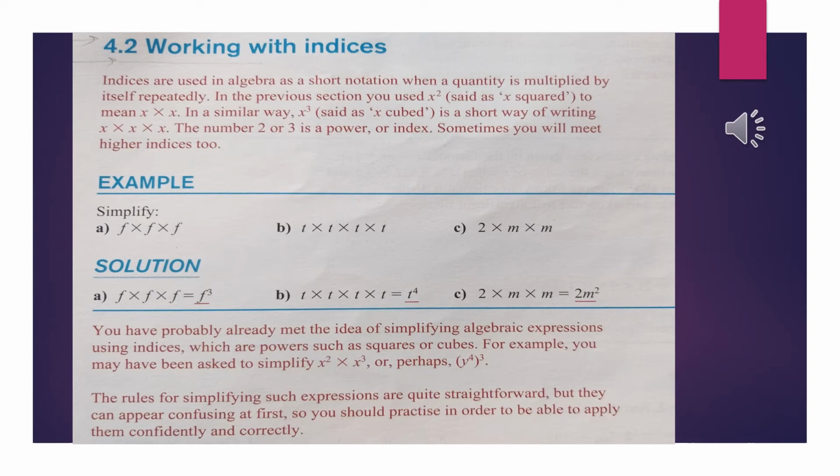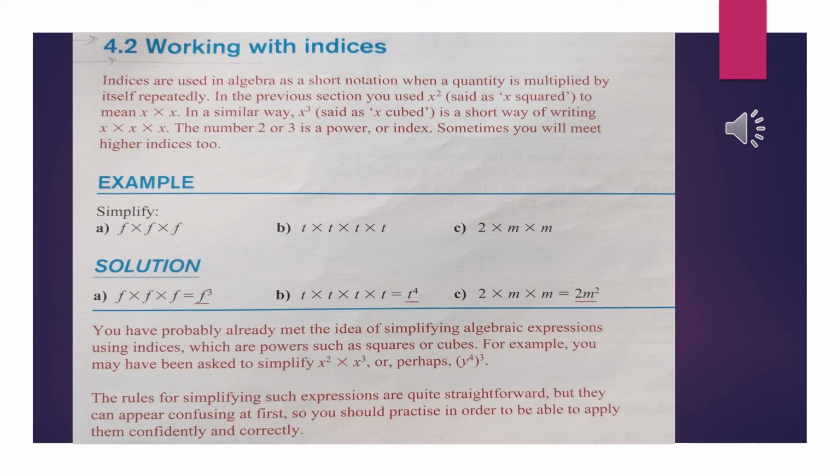Then part C, 2 times m times m, that when you take out the multiplication sign, boils down to 2m squared.